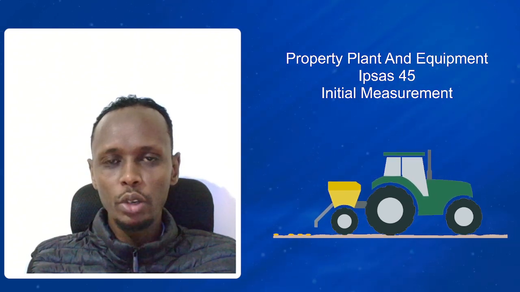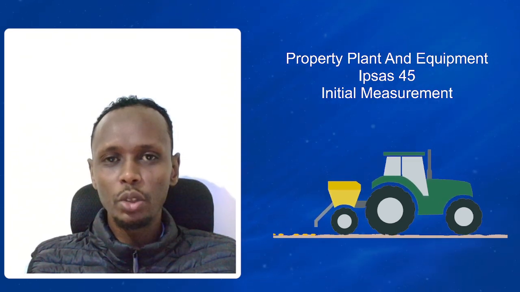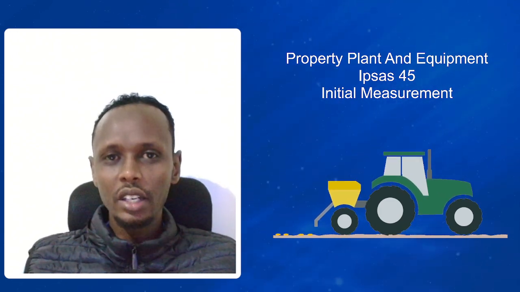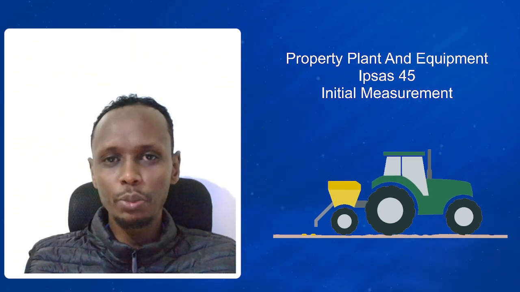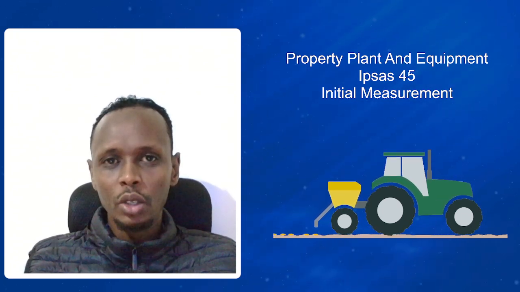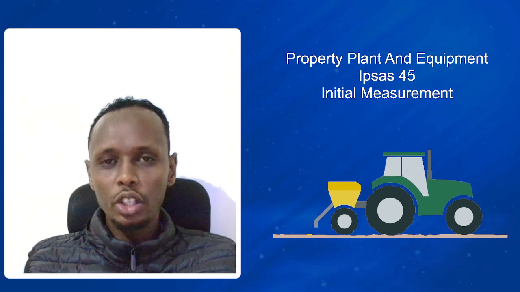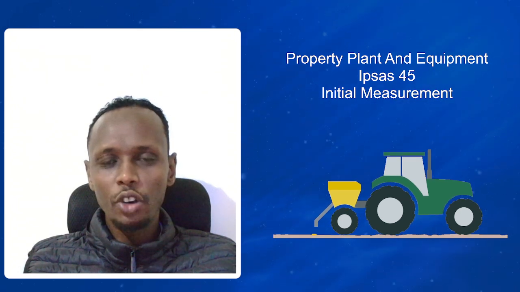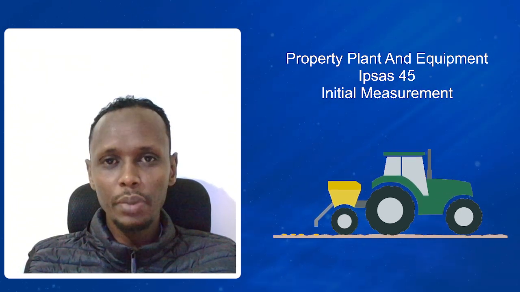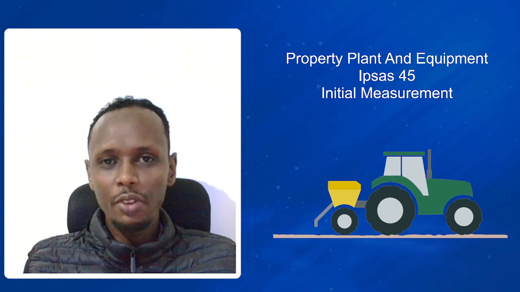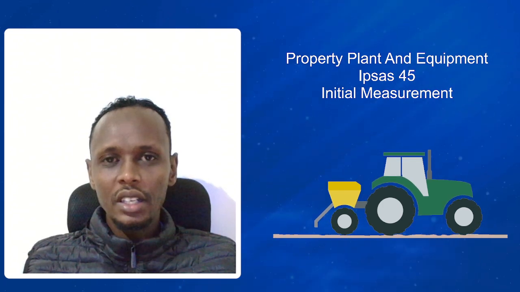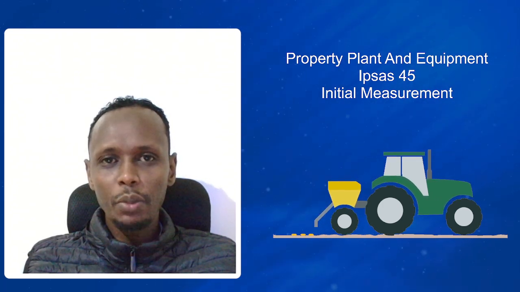For example, when you are building a house or a building, the cost that we will include as initial measurement is the cost of construction, and any cost that is directly attributable to bringing that house to its present location and use. For machinery, for example, it will be the purchase price plus non-refundable import duties plus any other directly attributable cost.